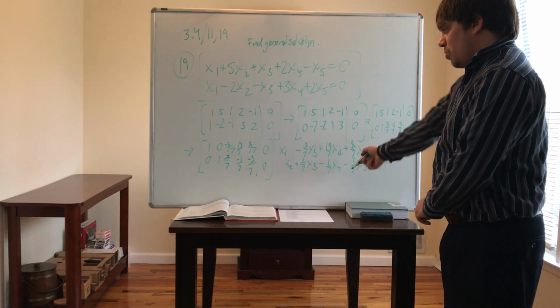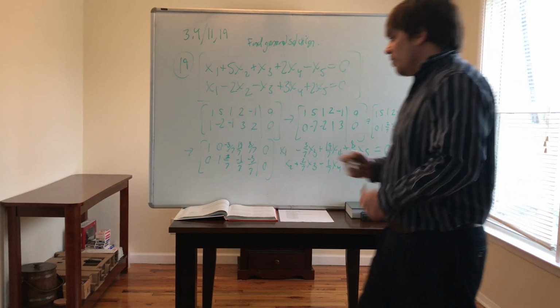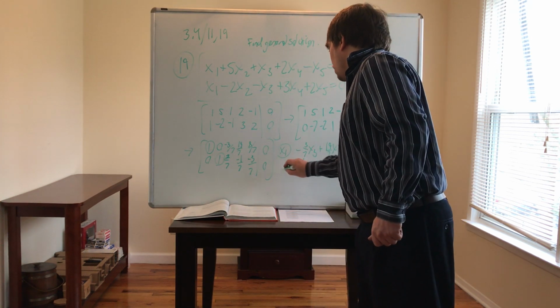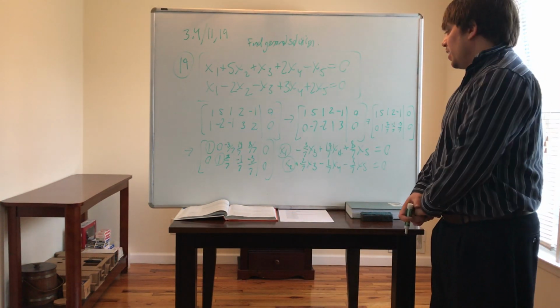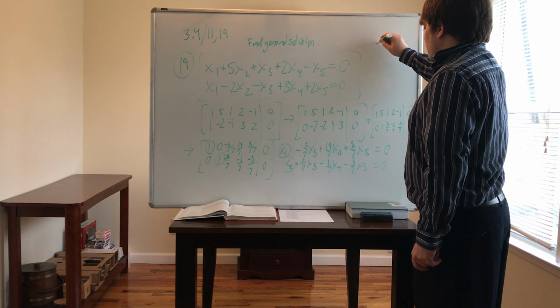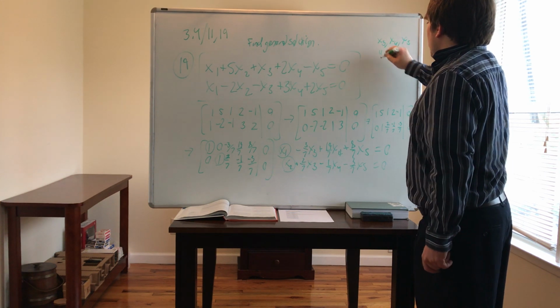So here's now our corresponding linear system to that augmented matrix. And so the leading variables, right, are the ones that correspond with the leading ones there. So the leading variables are x1 and x2. The other ones are free variables. So x3, x4, and x5 are the ones I should set equal to parameters.